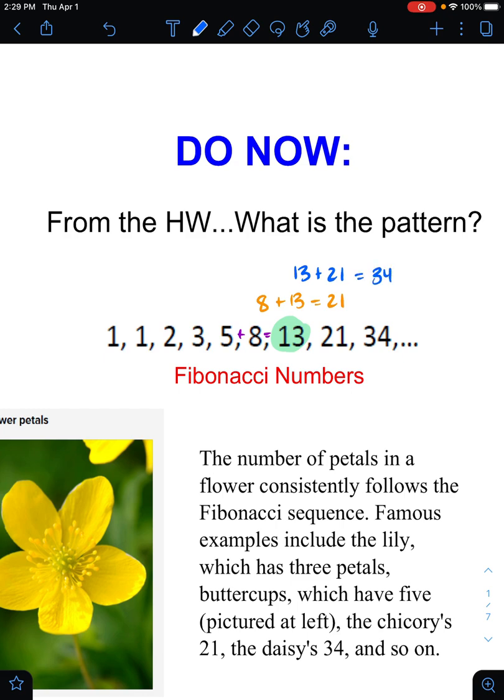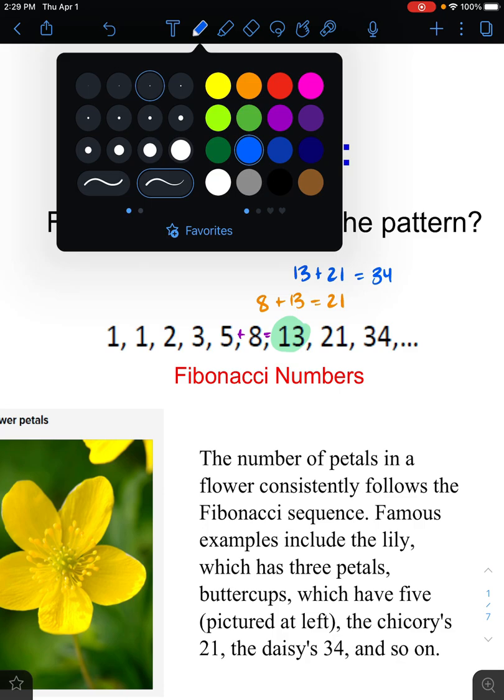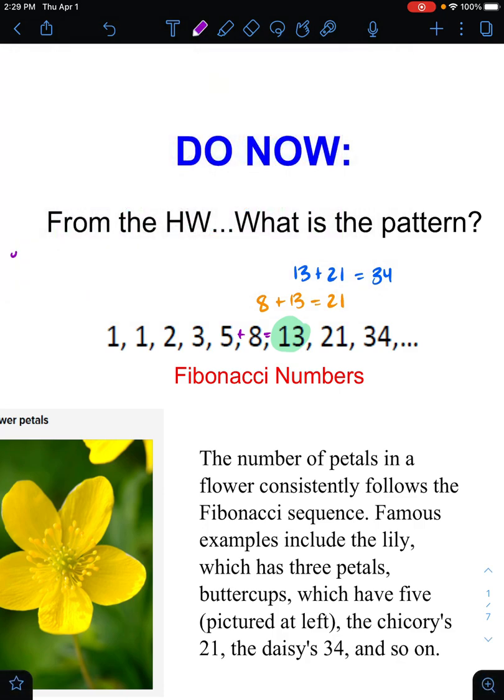So it appears to be a pattern where each term, or each number, is the sum of the previous two numbers.